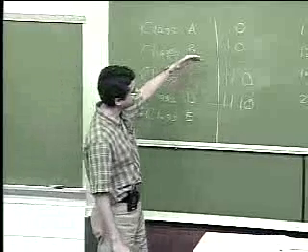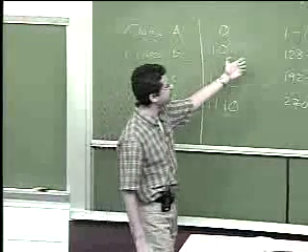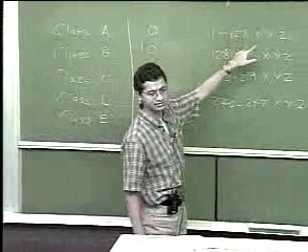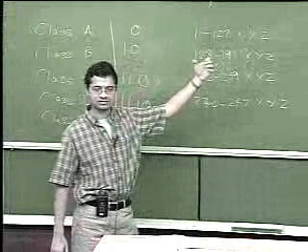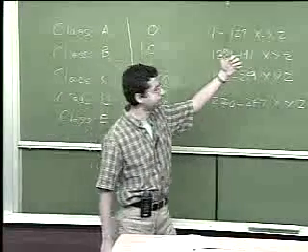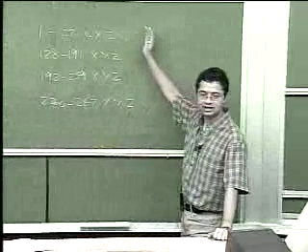In a class A address, the network itself had 8 bits, and 24 bits within the network were free.